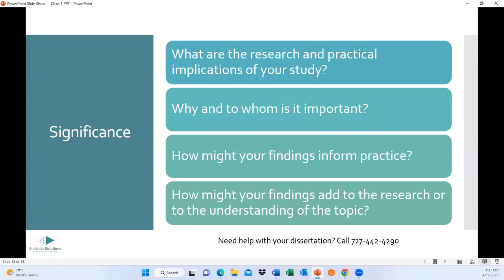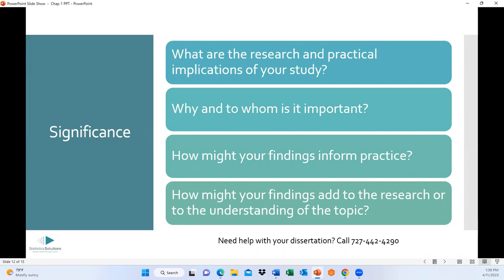And usually there's two kind of prongs to this section, right? There's a value to research and value to practice. So value to research first, think about how your study is going to contribute to the literature, how it's going to contribute to the research.